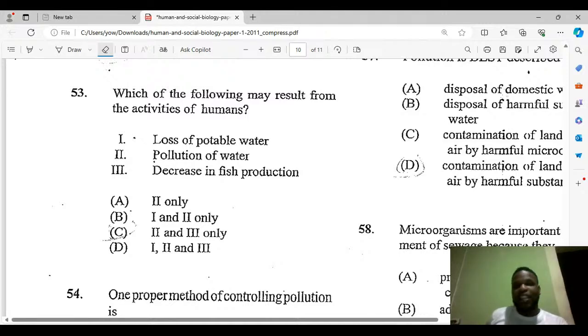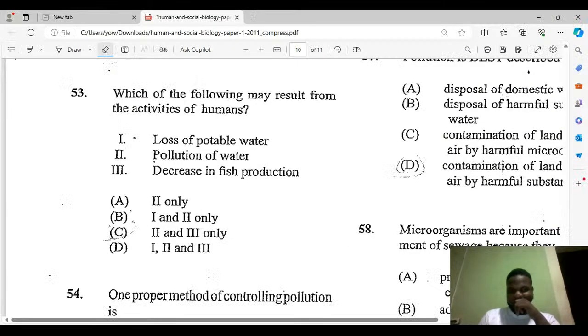Potable means drinking water, TJ. So humans can contribute to that because of pollution. The same pollution of water leads to it not being potable. So it will be D. Right? So potable, drinking water.